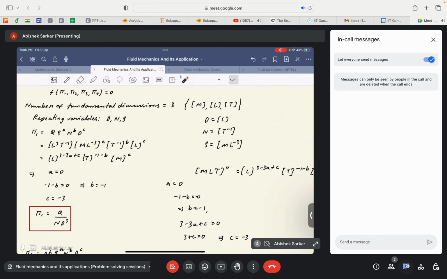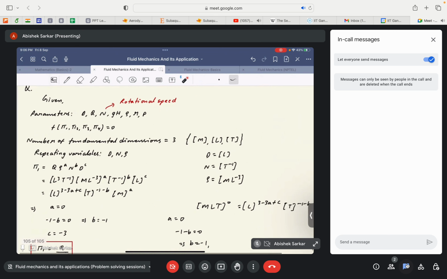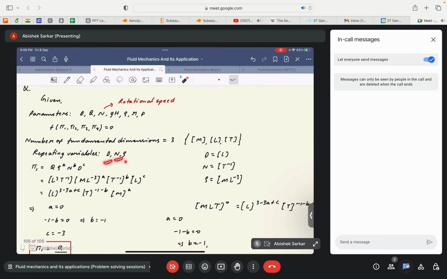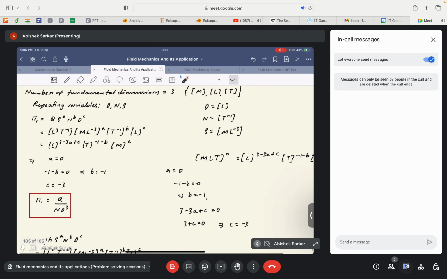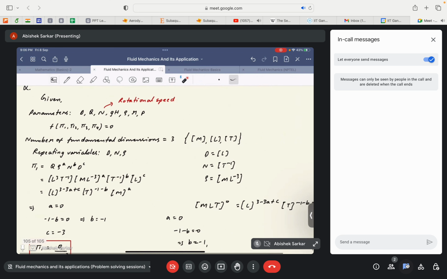Keeping that in mind, say for a particular problem we have taken d, n and rho as the repeating variables. The number of repeating variables is equal to the number of fundamental dimensions.